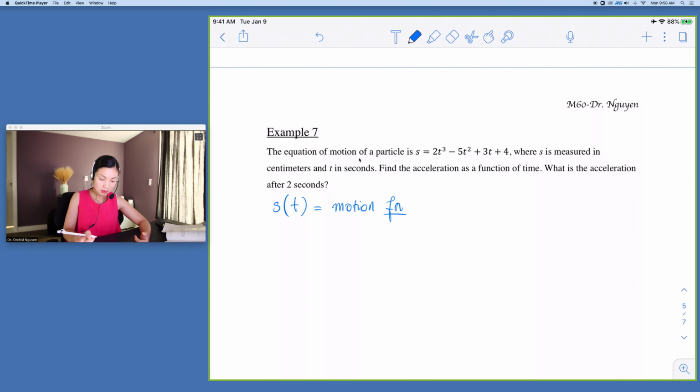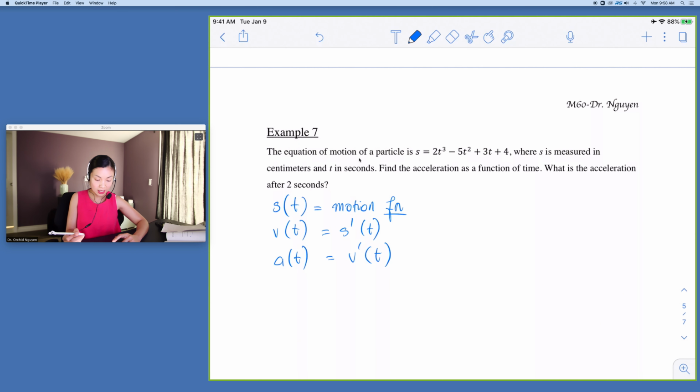Okay. Now the velocity is going to be s prime. And then the acceleration is going to be the derivative of the velocity.